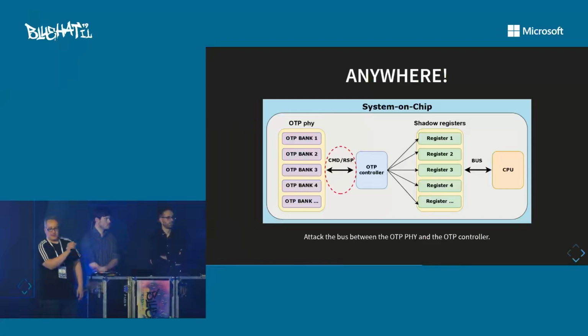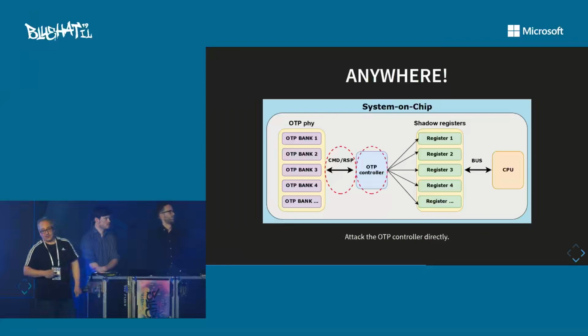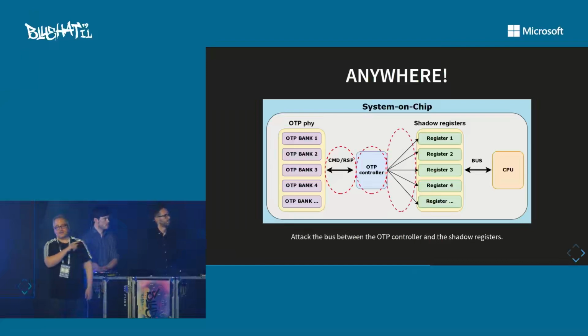If you properly time your attack, you might be able to toggle that bit from 1 to 0 while it's being transferred to the OTP controller, or change it while it's being processed in the OTP controller, or even while it is transferred to the shadow register. Keep in mind that the attacks have different opportunities because the buses have different speeds and different bandwidths, of course, and even information might be transferred either serially in an initial stage or in parallel.